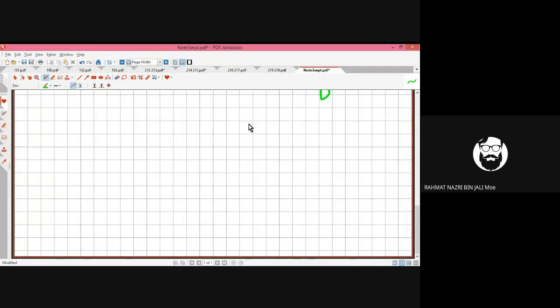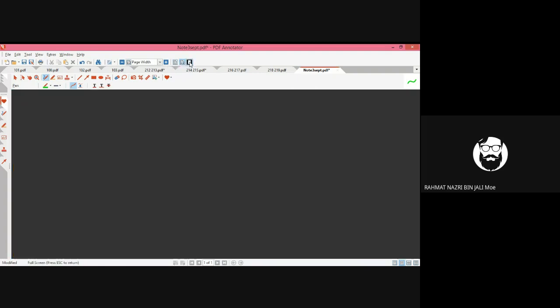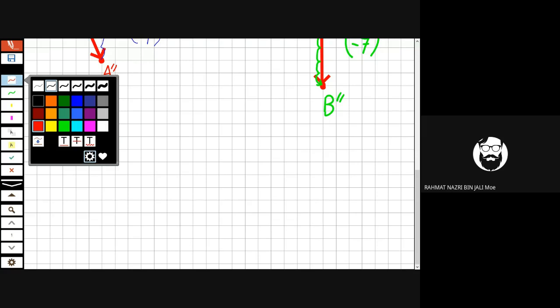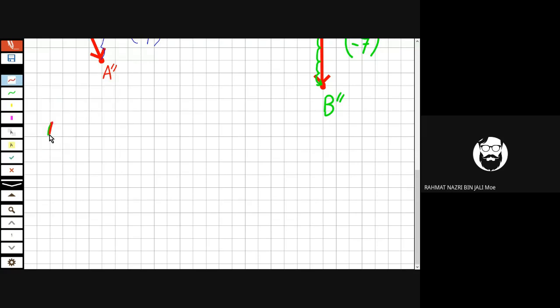Okay, the next note is terus tulis note ini ya, tak perlu teks dia. The title is image and object under the translation.